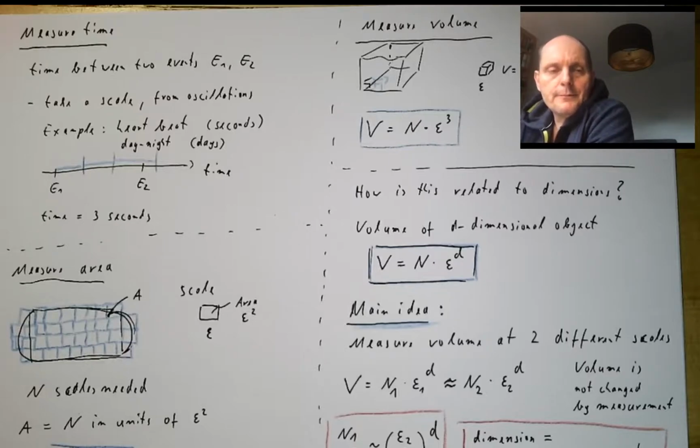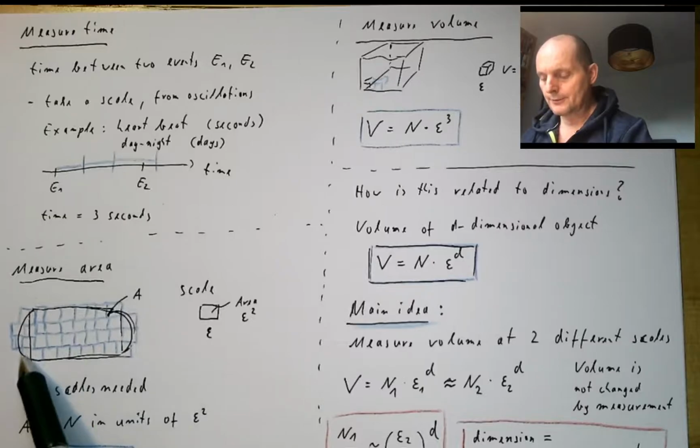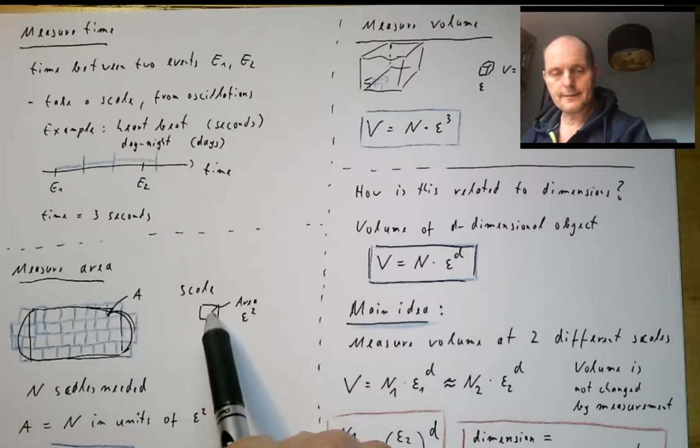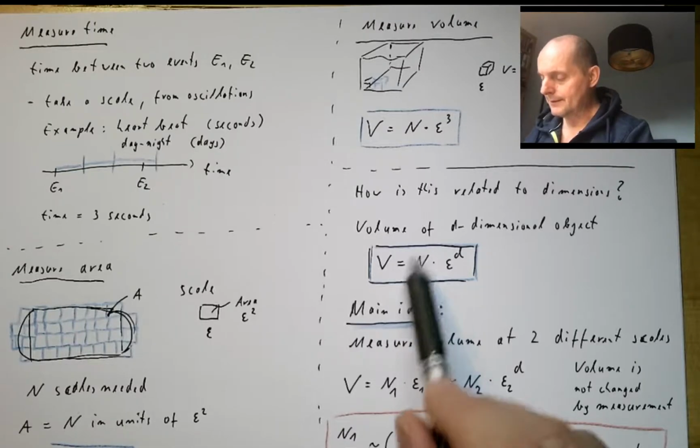So in the last video we reflected a little bit on how we do measurements of physical objects, and we've seen we need scales and we need to make coverings of this object with the scales, and then we need to count. Basically that's the measurement.